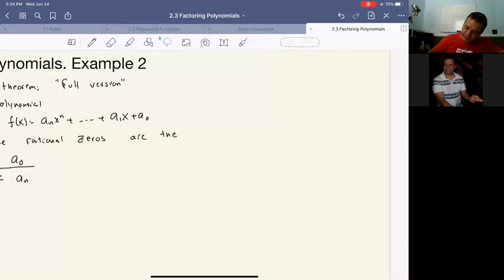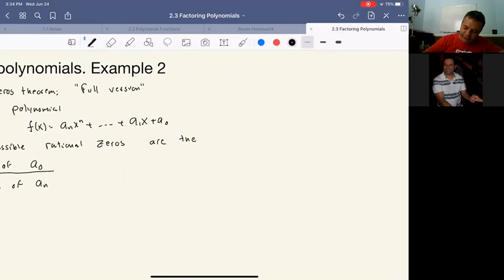Before we get into the full factoring, let's take, for example, 5x squared minus x minus 18. We're going to take the factors of 18 divided by the factors of 5.